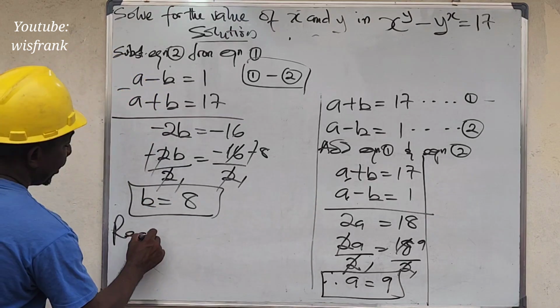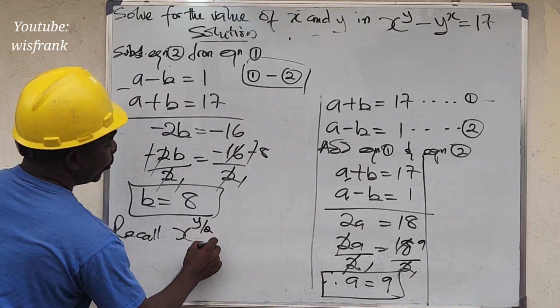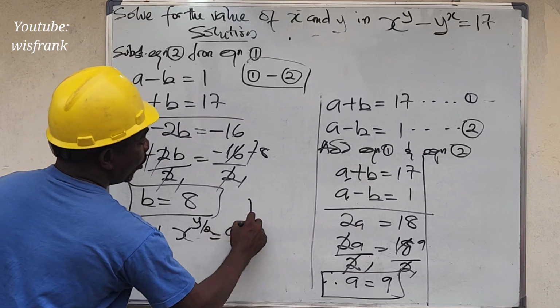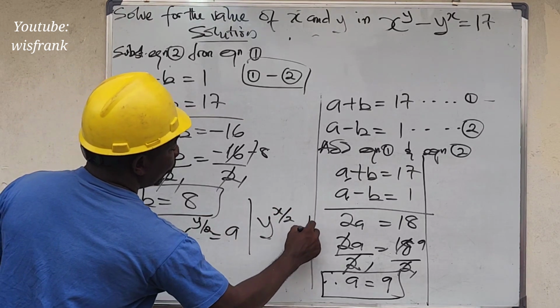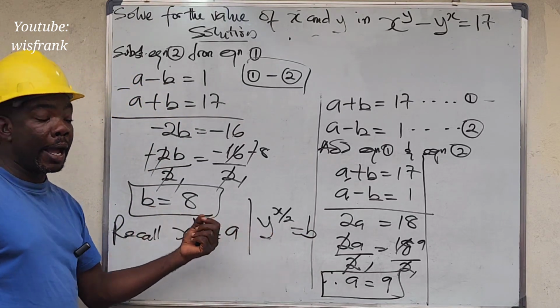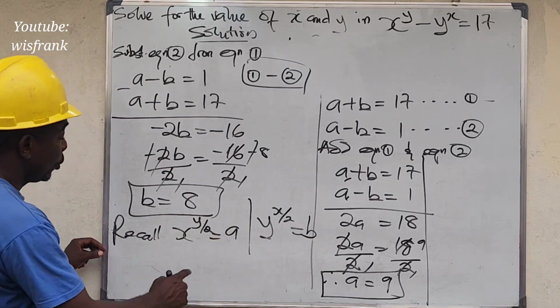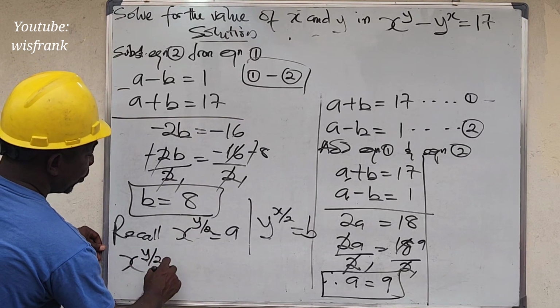We recall that we have x to the power of y all over 2 equals a. And also we have y to the power of x all over 2 equals b. So in this case, we are going to substitute the value of a and b into these equations.